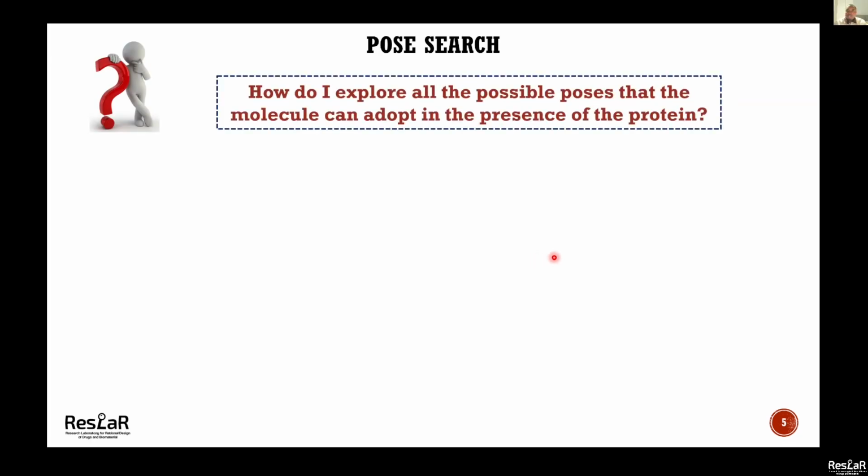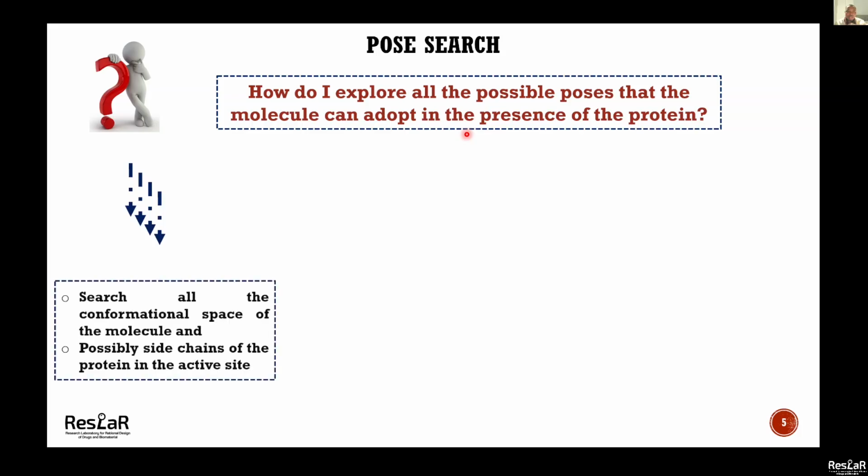So the key question is, how do I explore all the possible poses that a molecule can adopt in the presence of a protein? Remember, we said that the higher the number of single bonds, the greater the complexity of this problem, right? So let's look at this. We can decide to find all the possible conformations, search for them. It takes time, right? We can also decide to implement small rotations and flexibility for the protein in question.